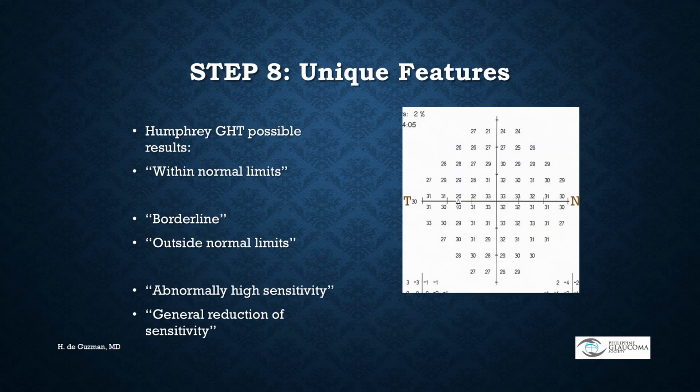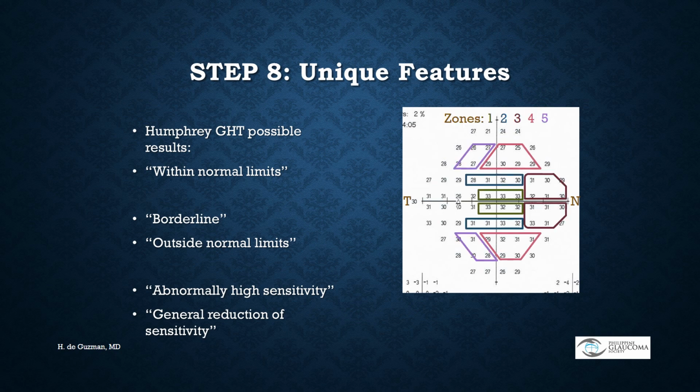So the Humphrey GHT has 5 possible results: within normal limits, borderline, outside normal limits, abnormally high sensitivity, and general reduction of sensitivity. These are the zones that the GHT compares. Zone 1 superiorly is compared with Zone 1 inferiorly. Zone 2 superiorly is compared with Zone 2 inferiorly, and so on.